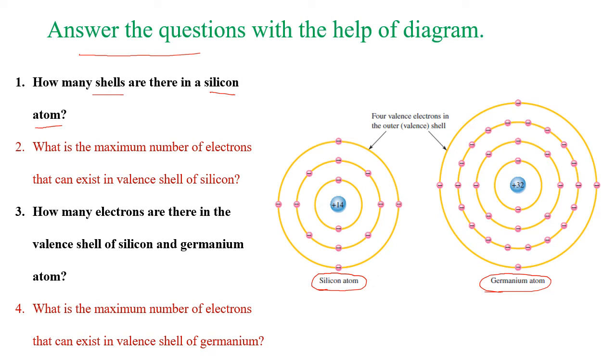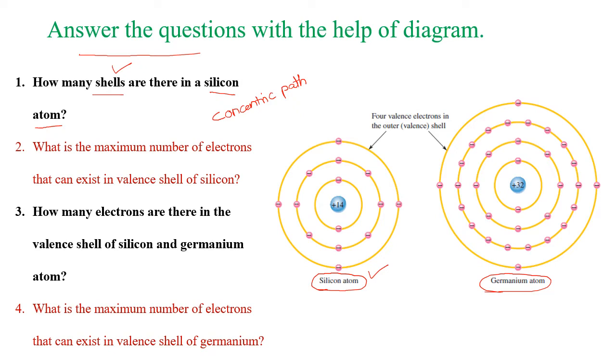For this question, we have to look at the silicon atom, and we should know what a shell is. A shell is defined as a concentric path in which the electrons revolve around the nucleus.